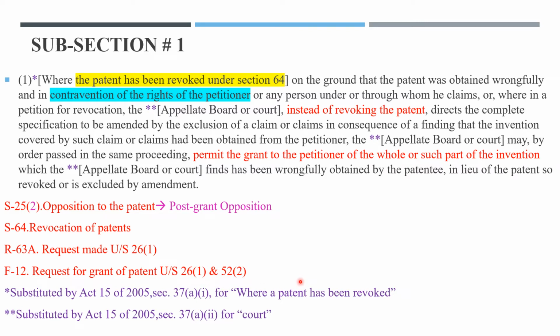Then Form 12 is request for grant of patent under Section 26 subsection 1 and Section 52 subsection 2. Fine. Now everything is done. Now what we will do, we will try to simplify. Okay. So just remember one thing, the petitioner and the patentee, they will be in front of the appellate board or the court. That means we can say they both will stand in front of appellate board or the court.